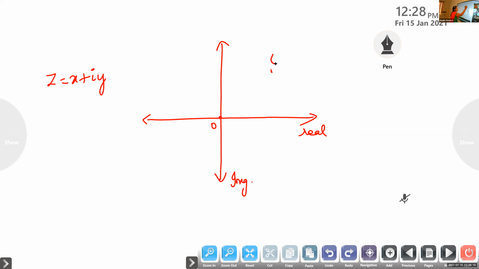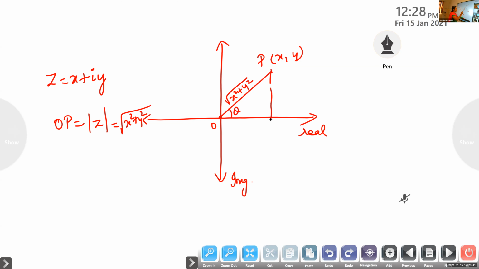So this is the point P of x comma y. Its distance OP is root of x square plus y square. So OP is denoted as modulus of z, which is equal to root of x square plus y square. The angle it makes is called theta. This length is x, this length is y.